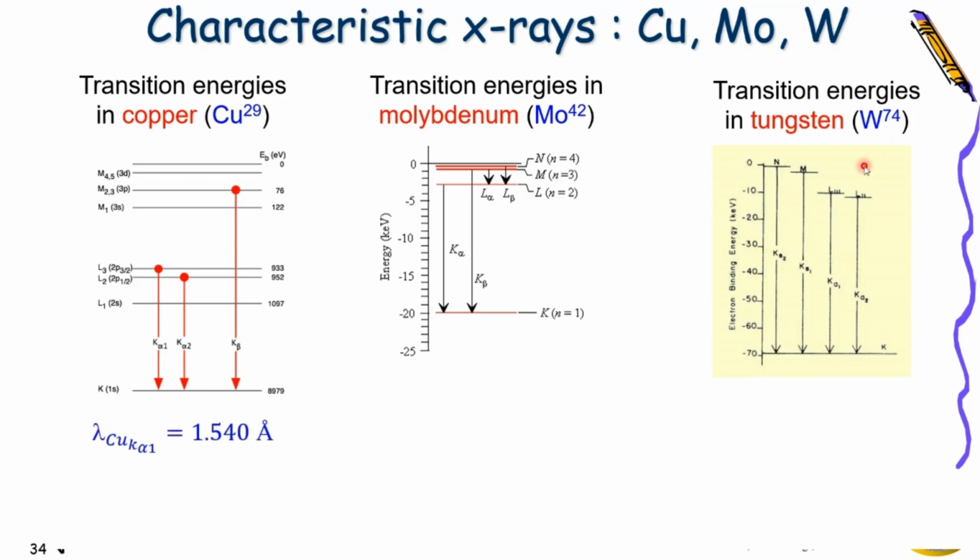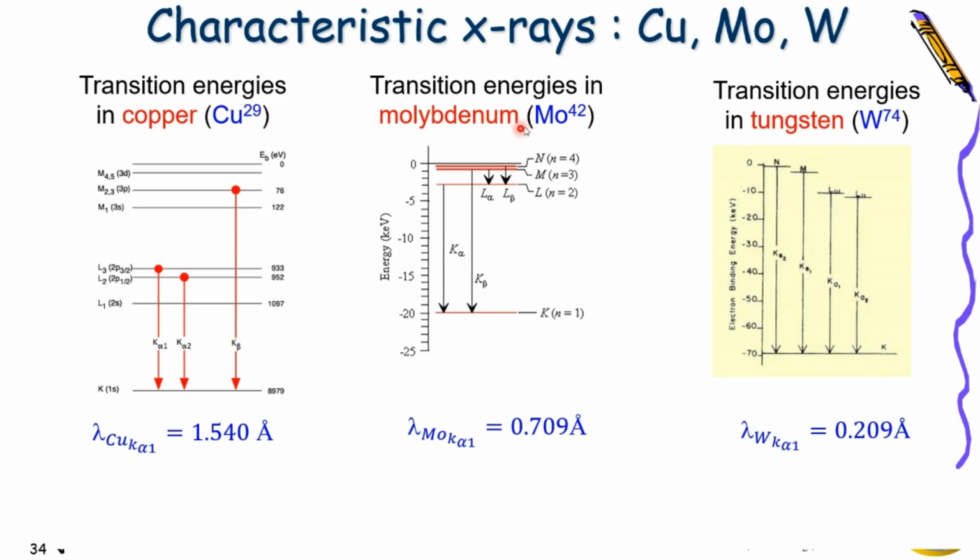The K alpha 1 for copper is 1.54 Angstrom. The K alpha 1 for moly is 0.709 Angstrom. The K alpha 1 for tungsten is 0.207 Angstrom.